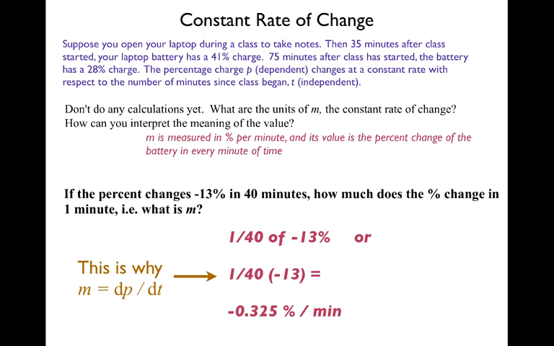So that's why you do negative 13 divided by 40. The constant rate of change is negative 0.325% per minute. Okay. Any questions on that?